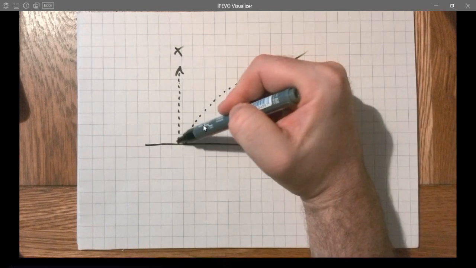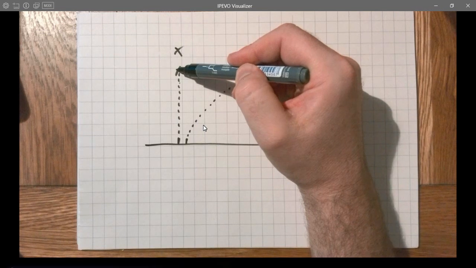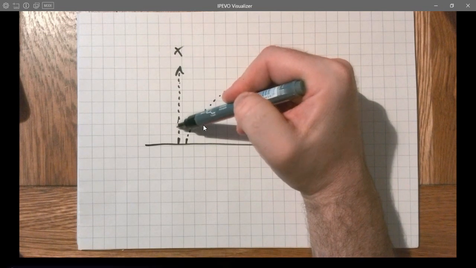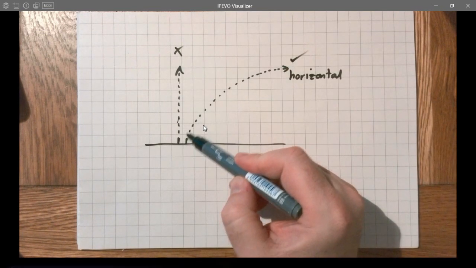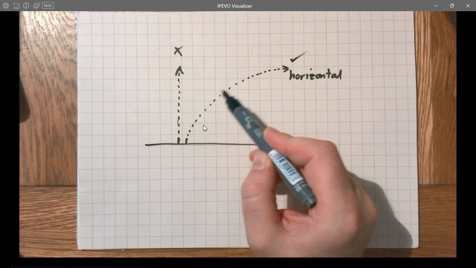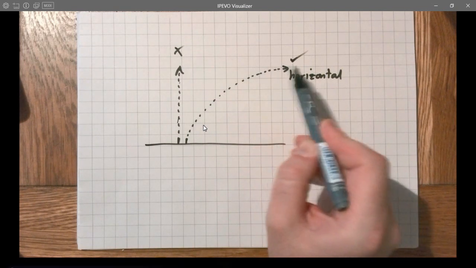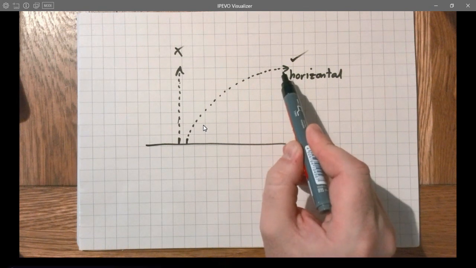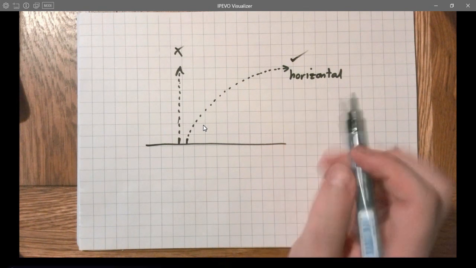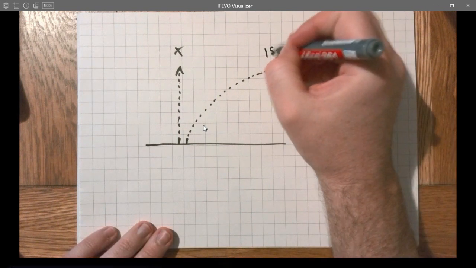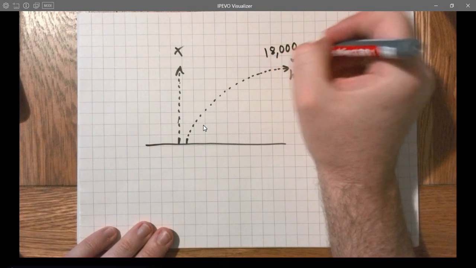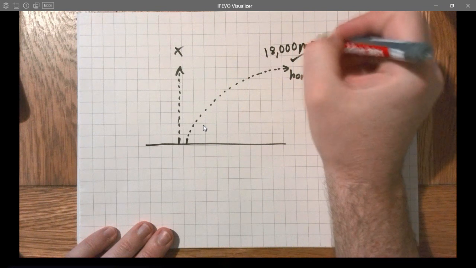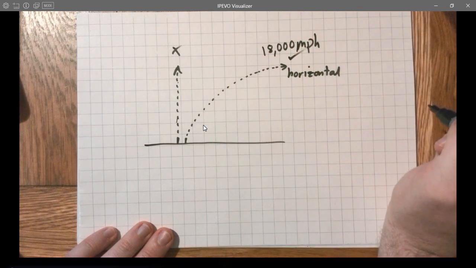If you fire the rocket straight up, once you burn out the engines, it will just fall straight back down. But if you fire it up and then horizontal, so it curves and it's going flat, parallel to the Earth's surface, once the engines burn out, hopefully you're doing around 18,000 miles per hour.